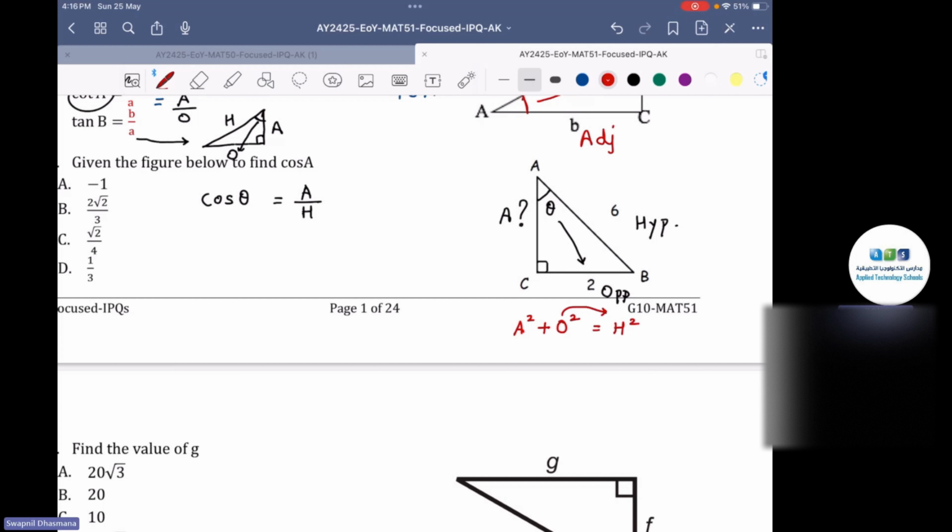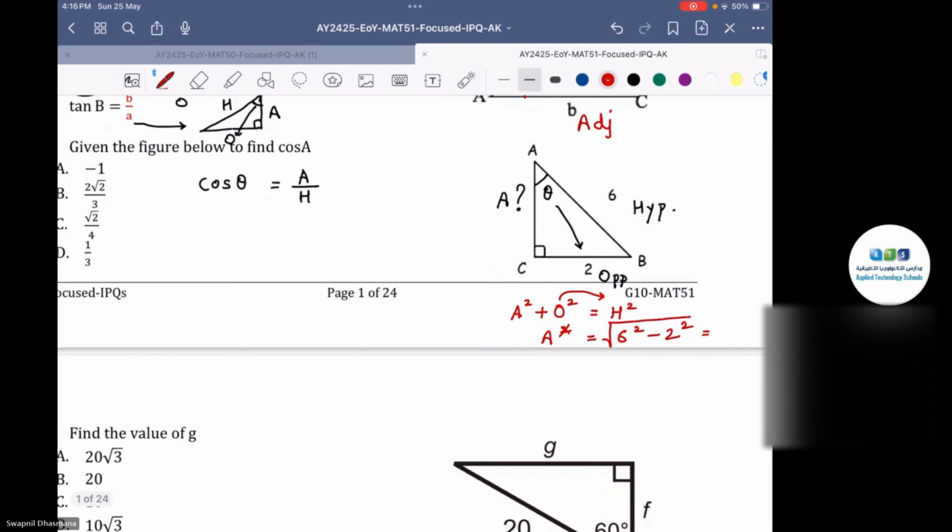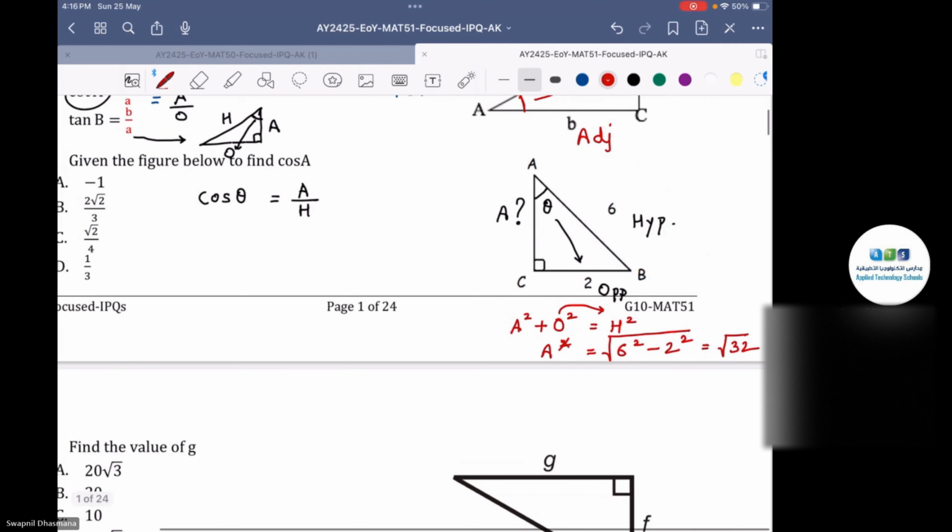You will take it here. Because O is 2. When you remove the square, this will be square root, which will give you square root 32. Square root 32 would be 4 root 2.